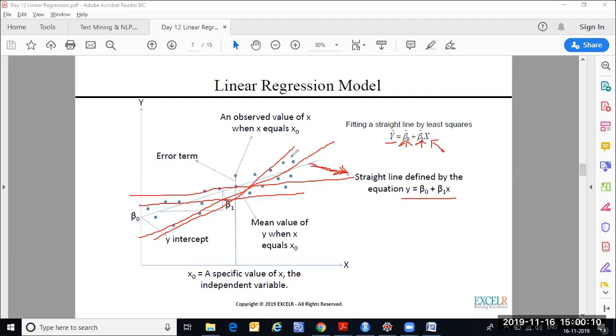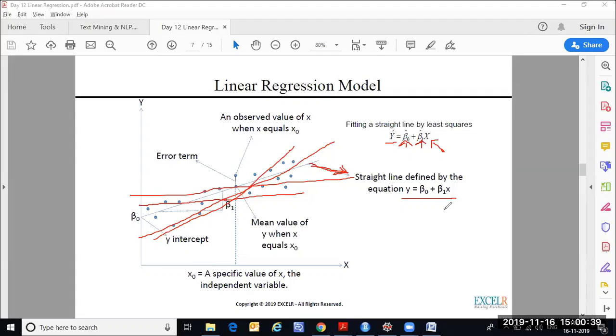So out of all these lines, what is our ultimate objective, friends? What is our ultimate objective when we are deriving this line y is equal to beta naught plus beta 1x? Anybody?